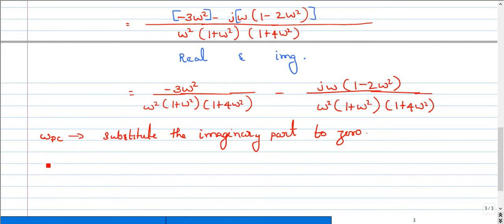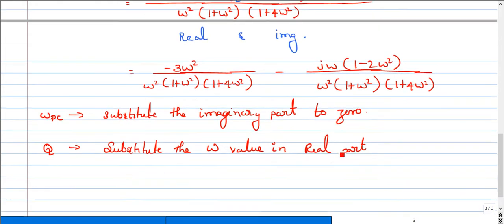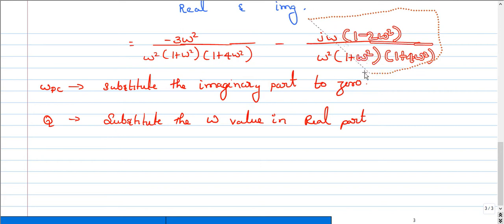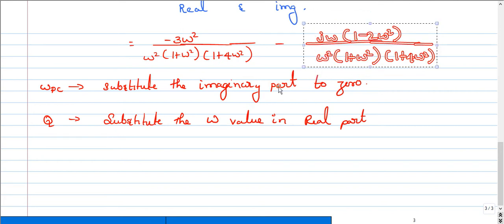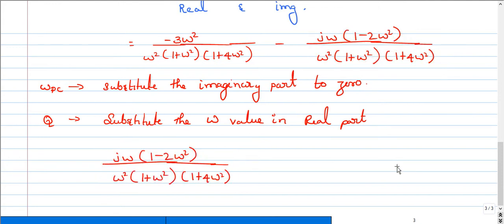Later, in order to identify the value of Q, the next step is to substitute the omega value in the real part. This step you need to remember. The first step, let me copy this imaginary part.